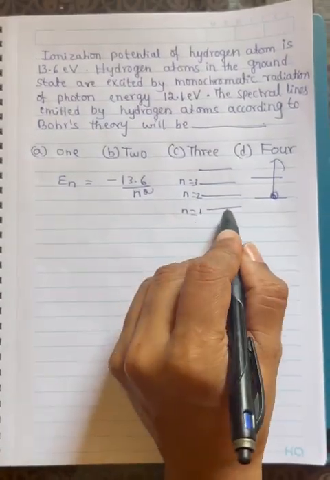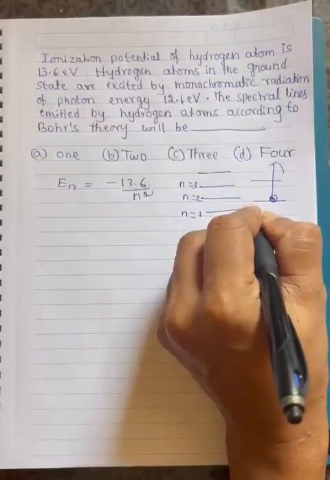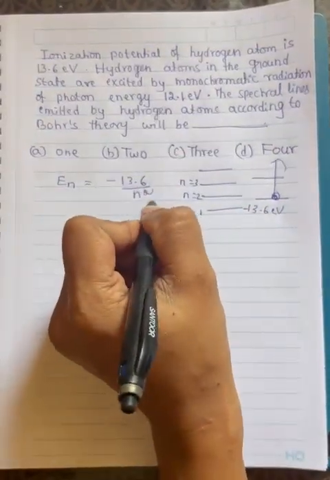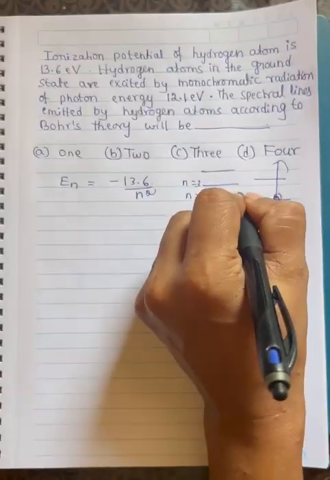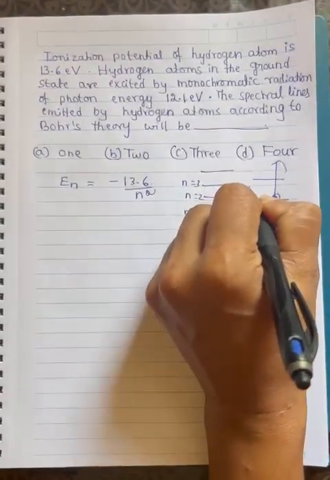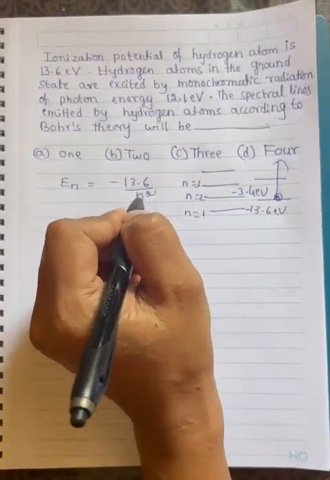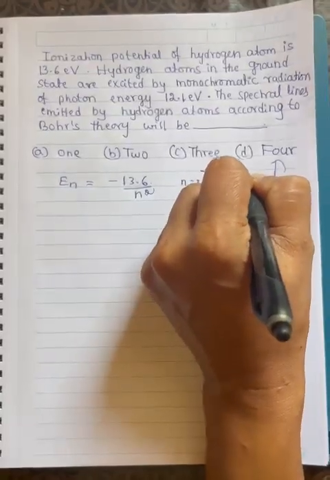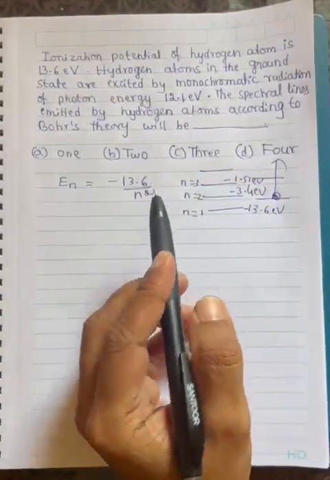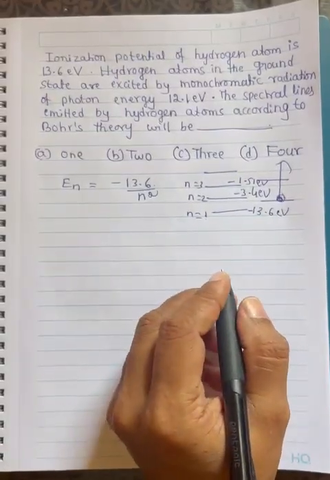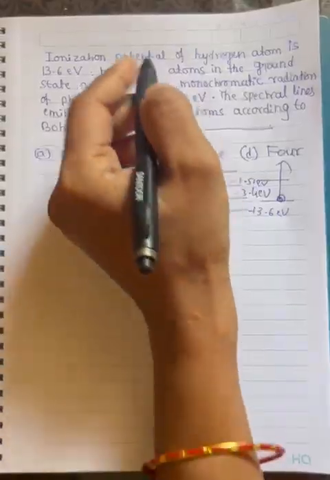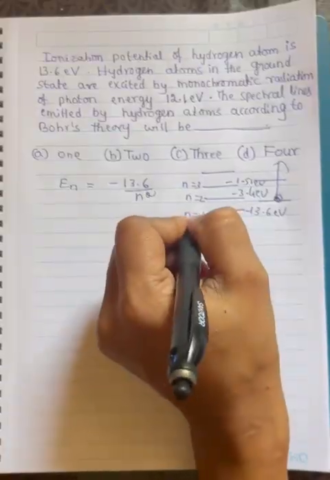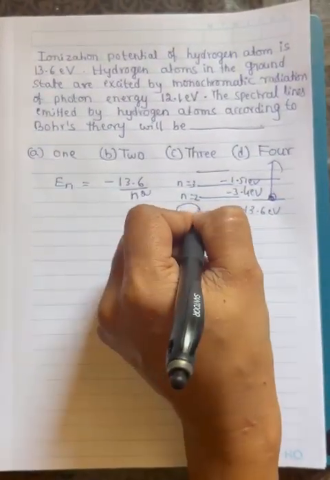For the lowest energy state, n is equal to 1, the energy is minus 13.6 eV, for n is equal to 2, it is minus 3.4 eV, and when n is equal to 3, the energy is minus 1.51 eV, and so on. Now for the hydrogen atom, the ionization potential is 13.6 electron volt, which means it is in the ground state, n is equal to 1.